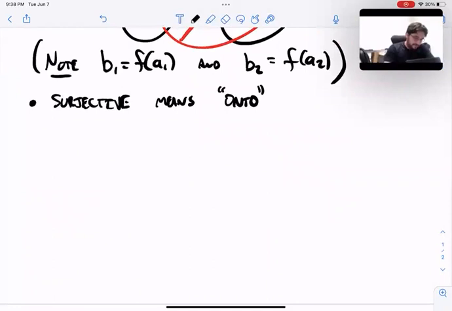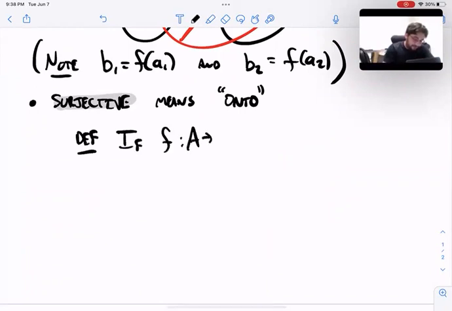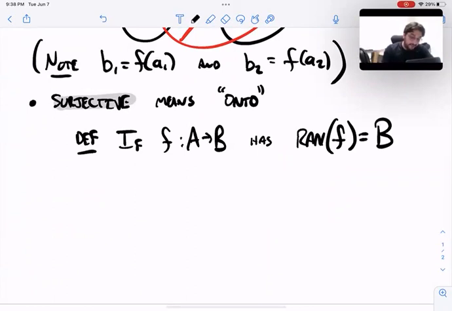And how we define surjective is as follows. So again, we have some function from A to B, right? And suppose the range of f equals the whole codomain, right?